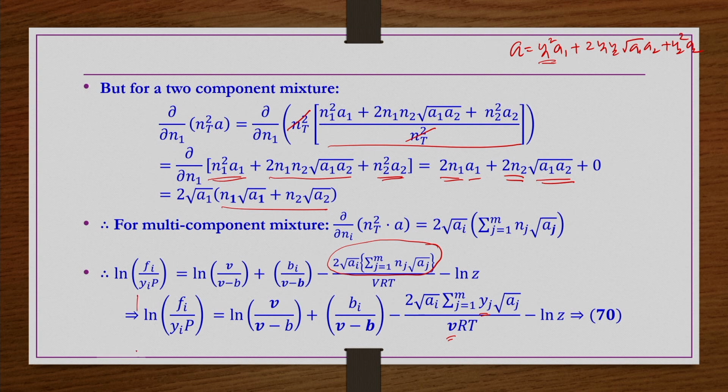So this is the expression for the fugacity of component i in a mixture, if the equation of state of the mixture is given in pressure explicit form according to the van der Waals equation of state, right, and Z is nothing but the compressibility of the mixture, that is PV by RT.